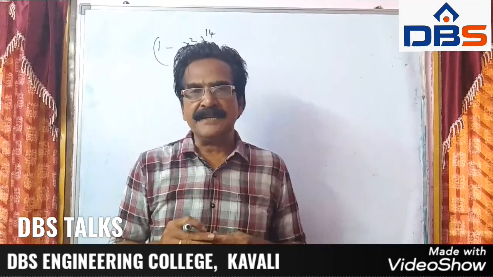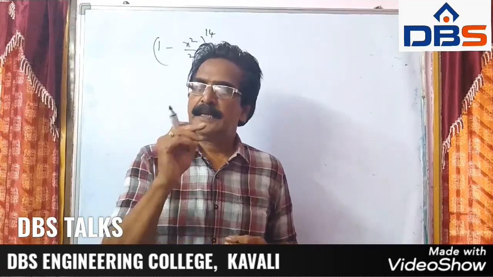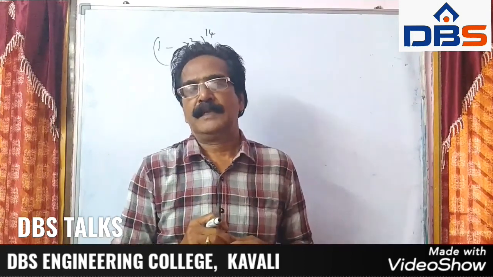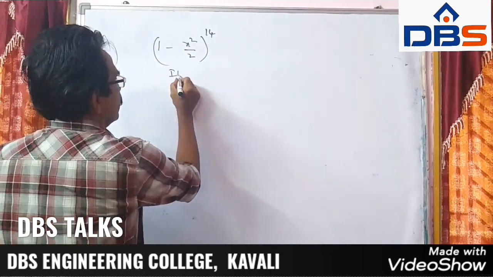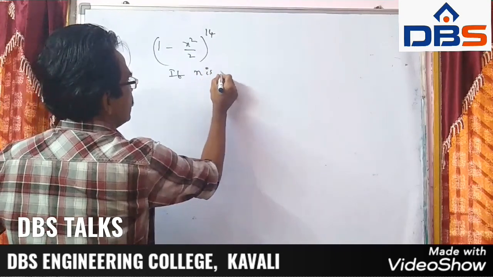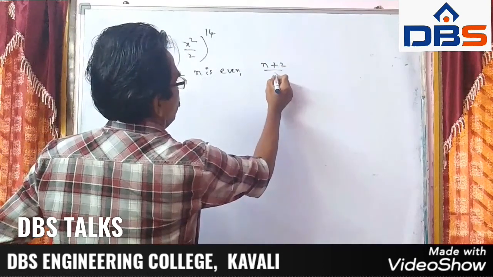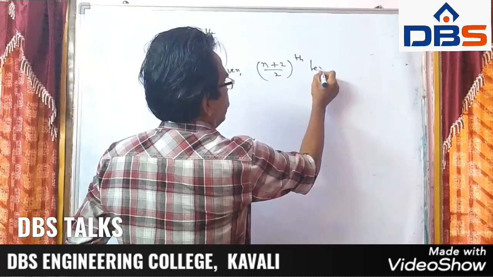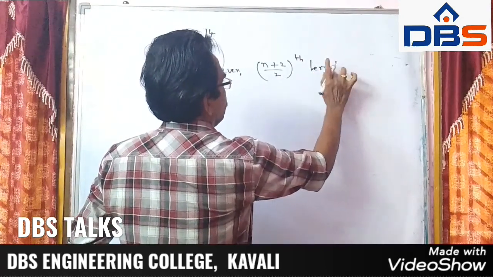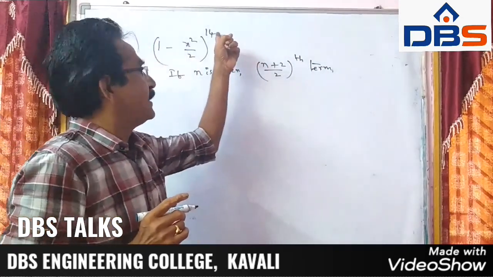If n is even, then the (n plus 2) by 2th term, or n by 2 plus 1, is the middle term. Here n is even.